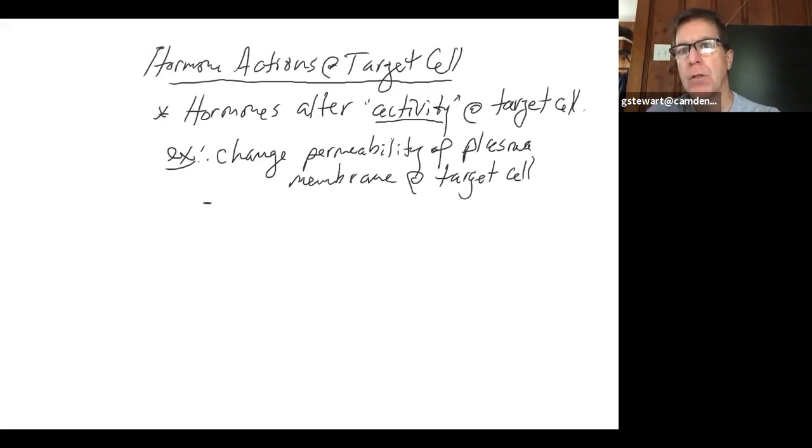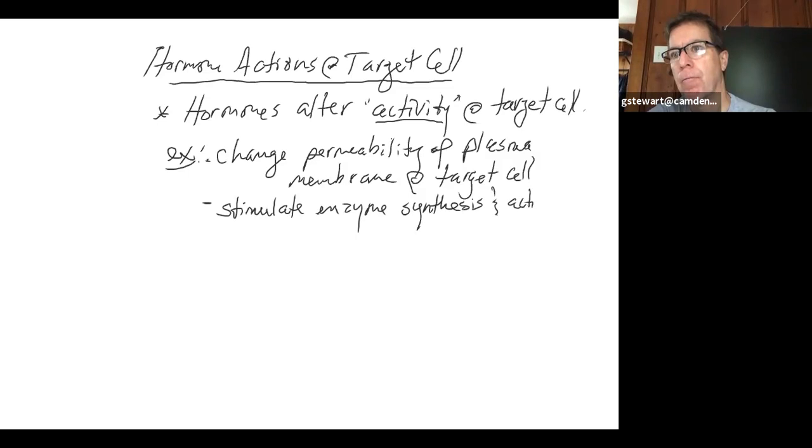They may also stimulate enzyme synthesis and activity. Or they might activate an enzyme once they get there. An inactive state of an enzyme might be at the target cell.